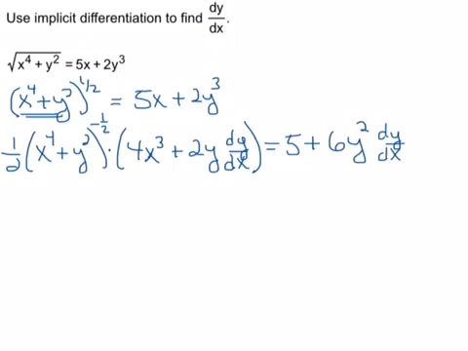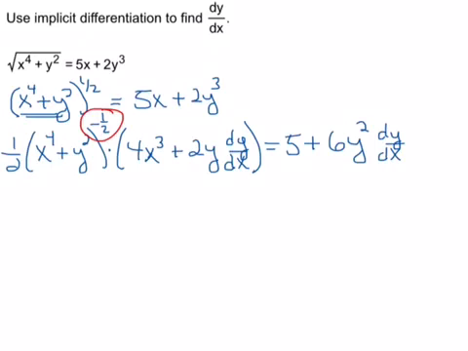The only thing left we have to do is algebraically isolate dy/dx. So the first thing I'm going to do is change the negative 1/2 exponent up here to a fraction and a root.